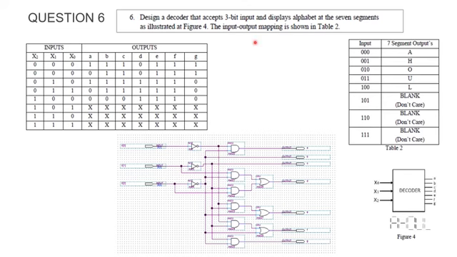We need to display the alphabet in table 2. This is the design of the decoder that accepts 3 bits.